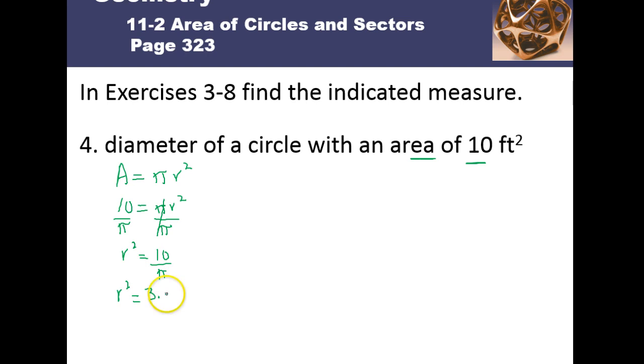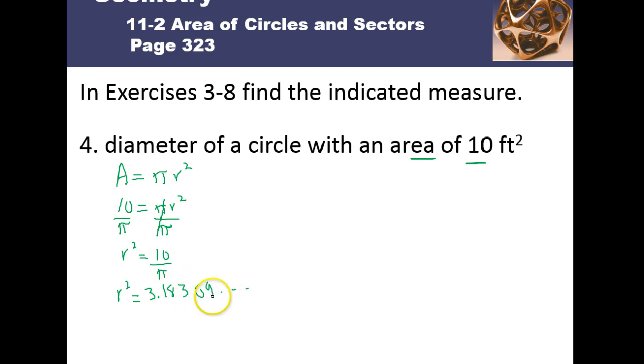I'm going to write down close to what it has, but the more accurate answer is to leave the answer on my calculator and go on from there. It's 3.18309, and it keeps going.